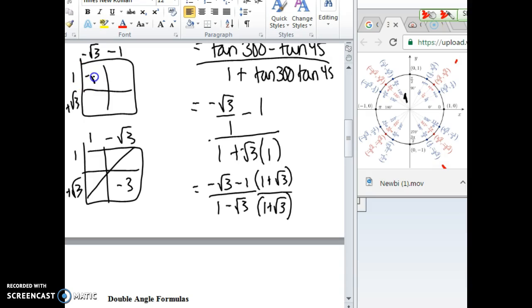Then this gives me negative root 3. This gives me negative 1. This gives me negative 3. And this gives me negative root 3. So my numerator becomes negative 4 minus 2 root 3 over, this is 1 minus 3, which is negative 2. I can further divide the parts by negative 2, so I get 2 plus root 3 as my final answer.